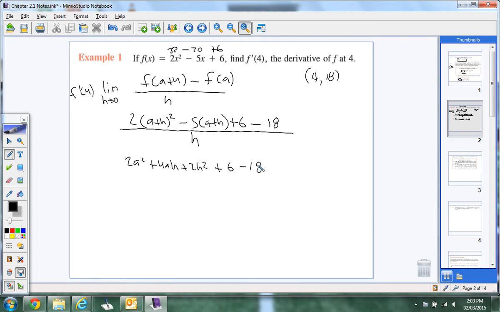We do know what a is, so we can go ahead and plug a in. I could have done it before, I just forgot, but it doesn't really matter. A for us is still 4. So 4 squared is 16, times 2 is 32. 4 times 4 is 16h, plus 2h squared, plus 6 minus 18.